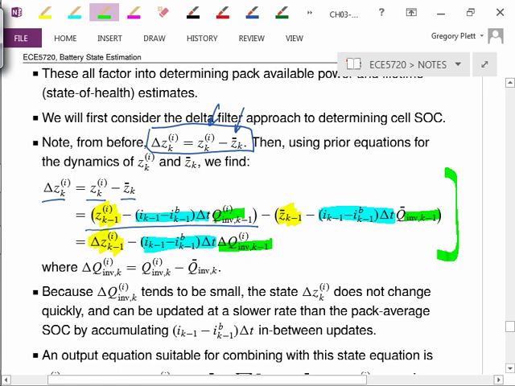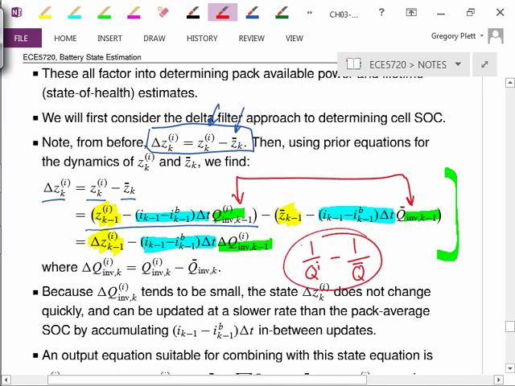Now what's interesting is, okay, this delta capacity here is the difference between 1 over Qi minus 1 over Q bar. And if all the capacities of cells are very similar to each other, this number here, regardless of what Q is, is going to be very small. It's going to be almost 0.